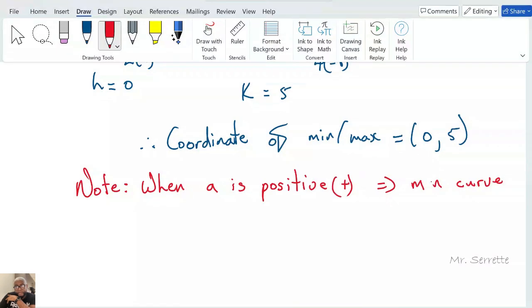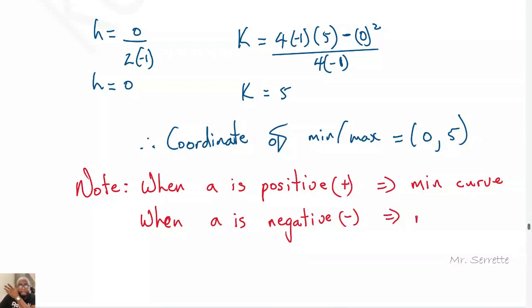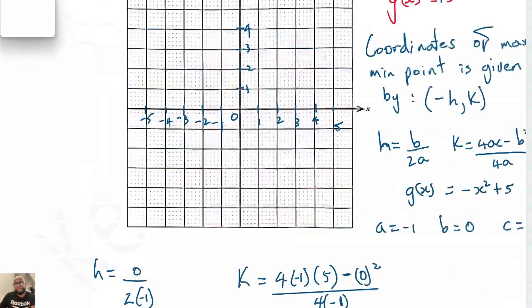So like what happened, min slash max, I could have just put max because it actually is a maximum curve, right? So when A is negative, this implies a max curve, right? I'll be right back with that graph, okay?